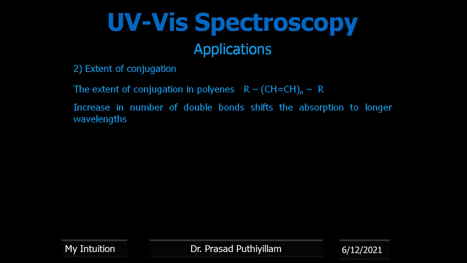Because of that, very little energy is required for the electron to jump to the higher energy level. Less energy means a higher wavelength, so it shifts to longer wavelength. So if the n value is 8 or more, such polyenes are colored.